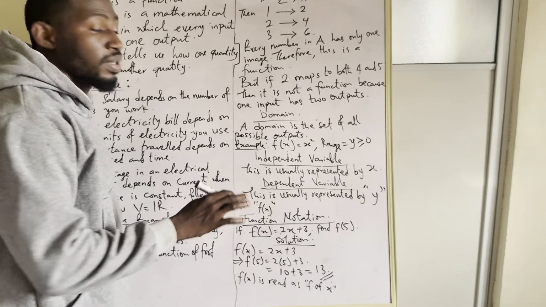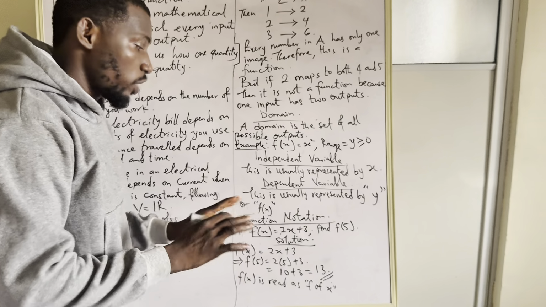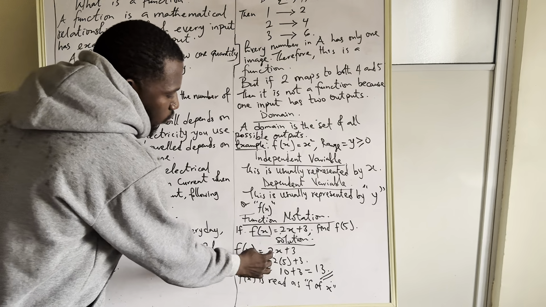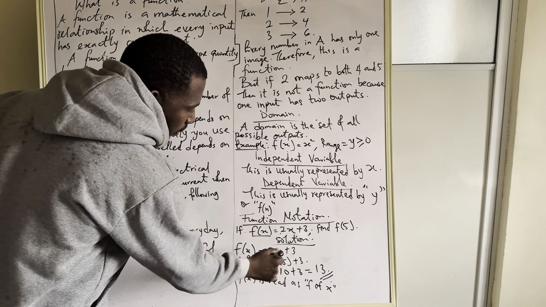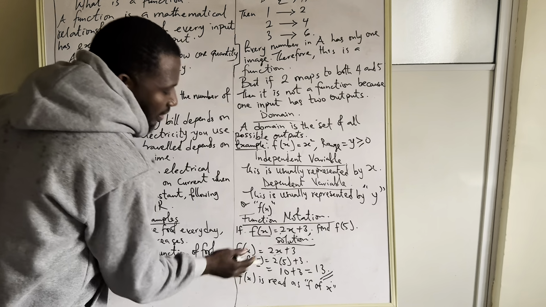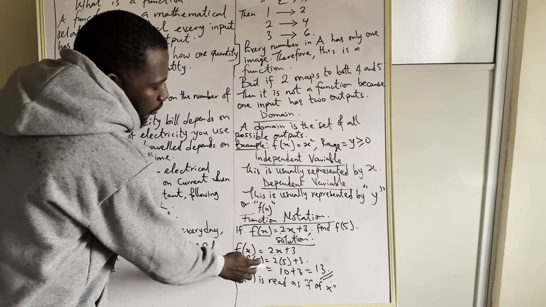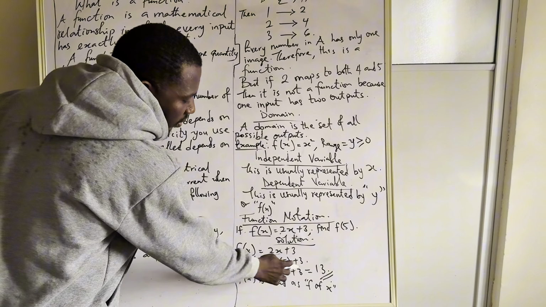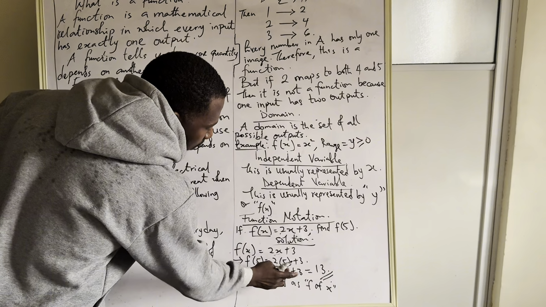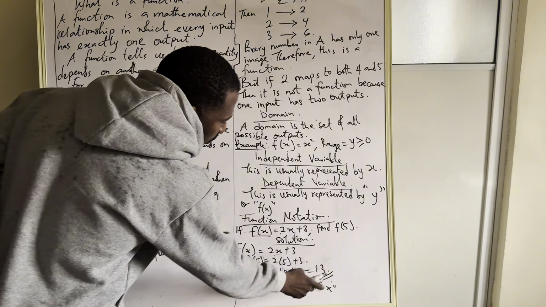This is the simplest question ever. How do we solve this? f of x equals 2x plus 3. Anywhere we find x, we put 5. So f of 5 will be equal to 2 times 5 plus 3. 2 times 5 gives us 10. Then 10 plus 3, we have 13.